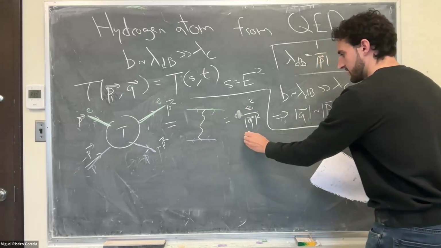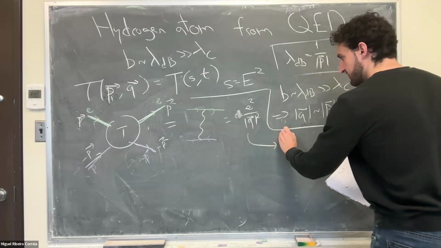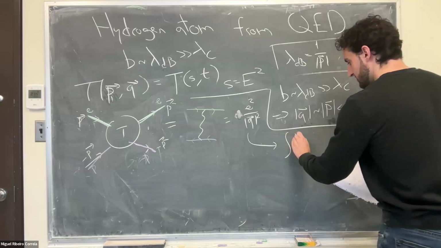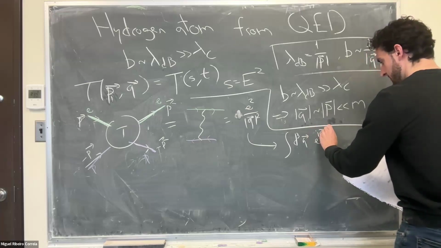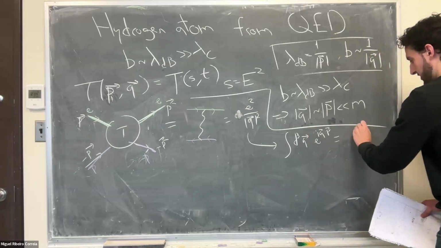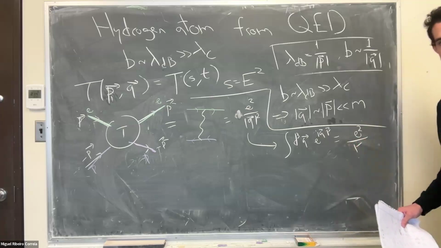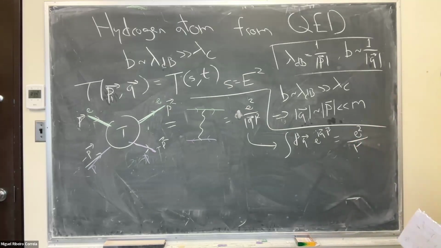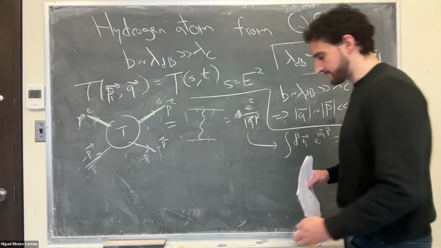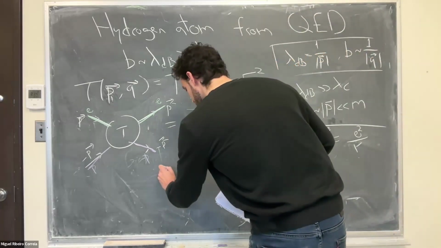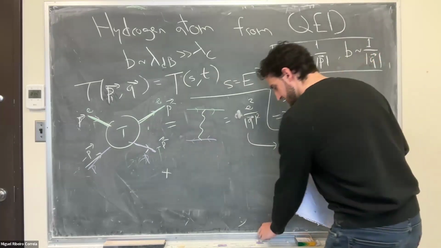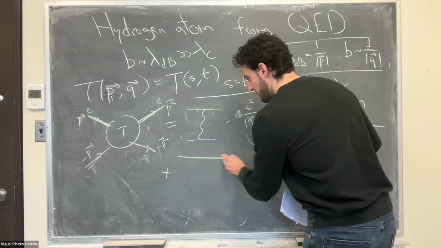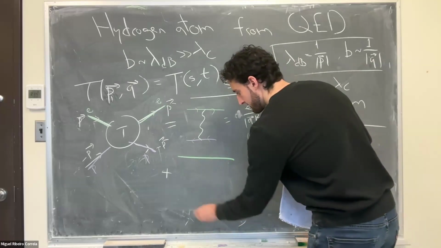And then if you Fourier transform this, so you do d^3Q e^{iQ·R}, you're going to find something like e squared over R. You're going to find the Coulomb potential. Okay? So far, so good. Then you go to the next order, and the next diagram that matters is this one. It's going to be a box diagram.